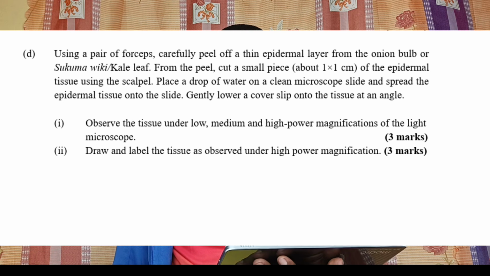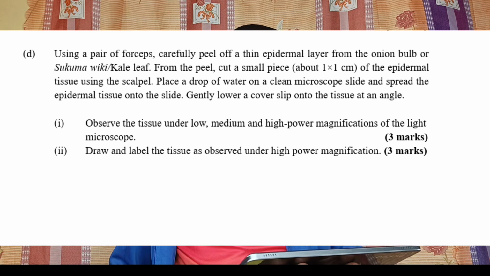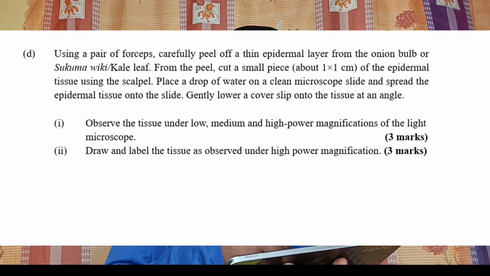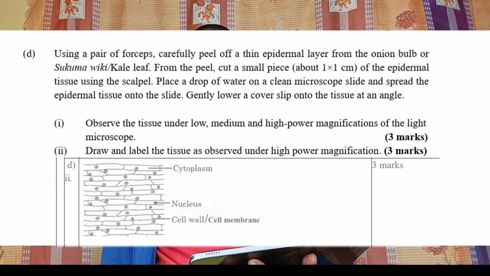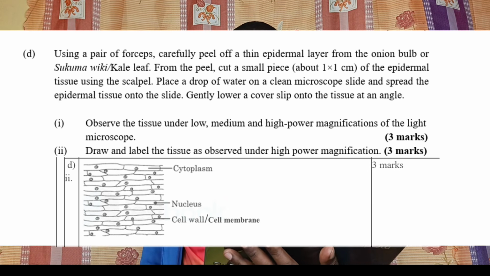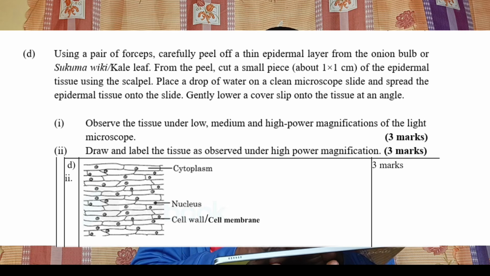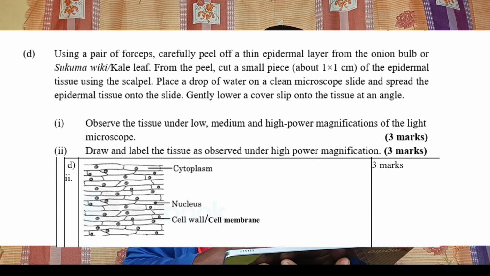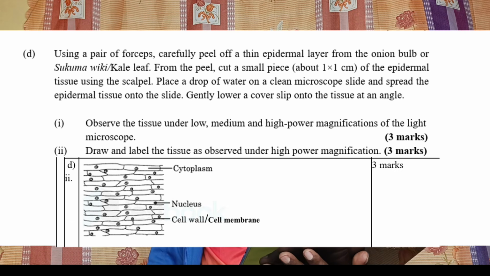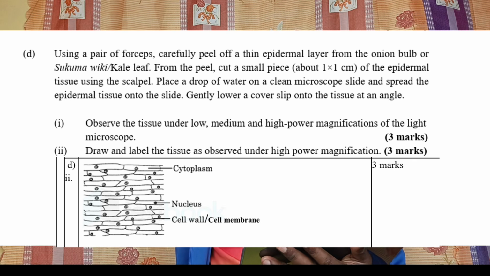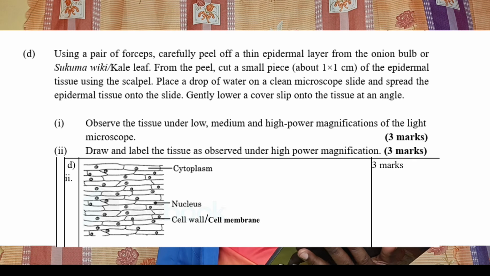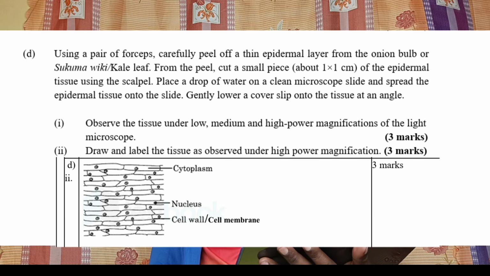Draw and label the tissue as observed under high power magnification, 3 marks. So this is the diagram that should be observed under high magnification power. On the diagram, epidermal cells should be rectangular or brick-like, arranged in rows.